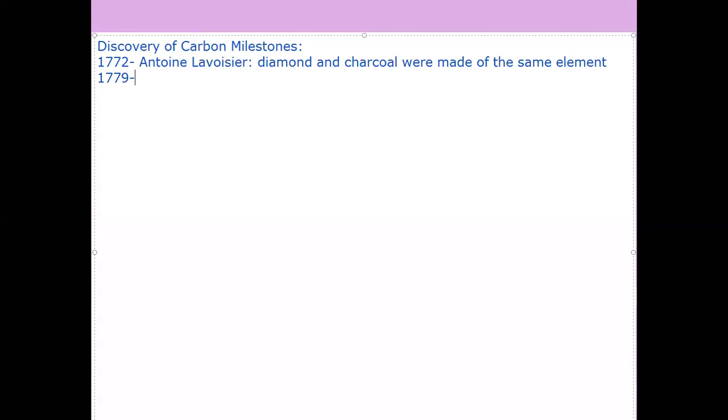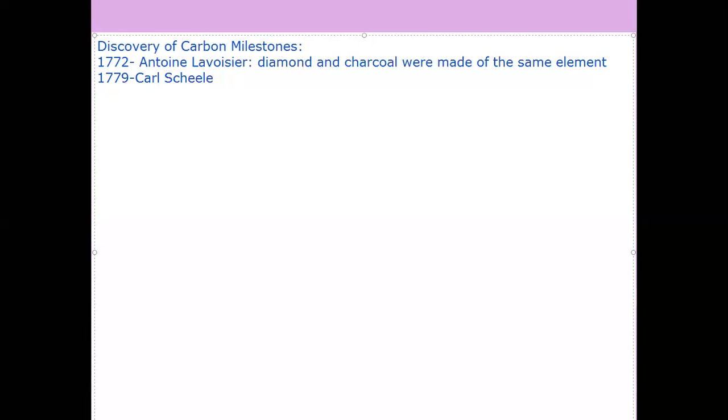In 1779, Scheele, a Swedish scientist, showed that graphite also burned to form carbon dioxide.